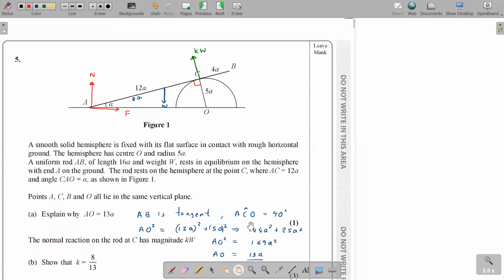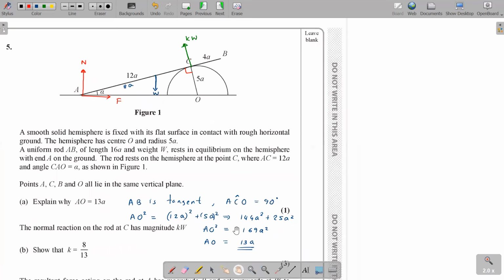First thing is to mark all your forces. They are asking you to show that K is 8/13. So in this particular lesson, when you want to show something like this, there are only three things to do. You take the equilibrium of forces along the plane and perpendicular to the plane, and you can take moments. So to show K is 8/13, what's the best strategy to use here? We will use moments, and moments about which point? Moments about A. And remember, our rod is the most important person.